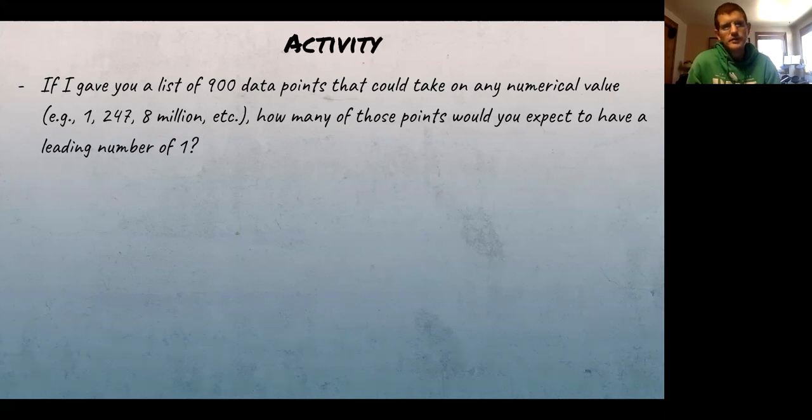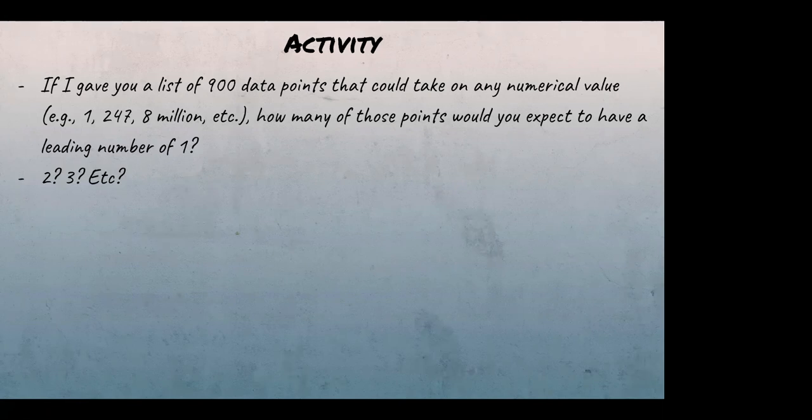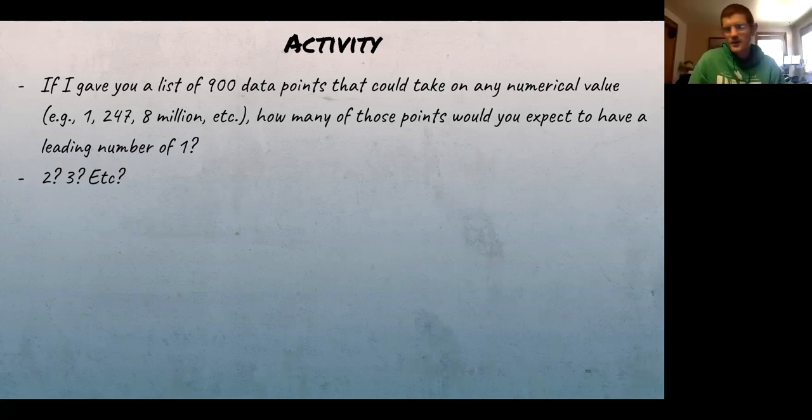You might expect 100 of these to start off with a 1. So if we keep going, how many start with 2? How many start with 3? No matter which number I give you, how many should start off with that number? One-ninth, yeah. So sorry to start off with such taxing questions. I know it's a rough way to start off class.